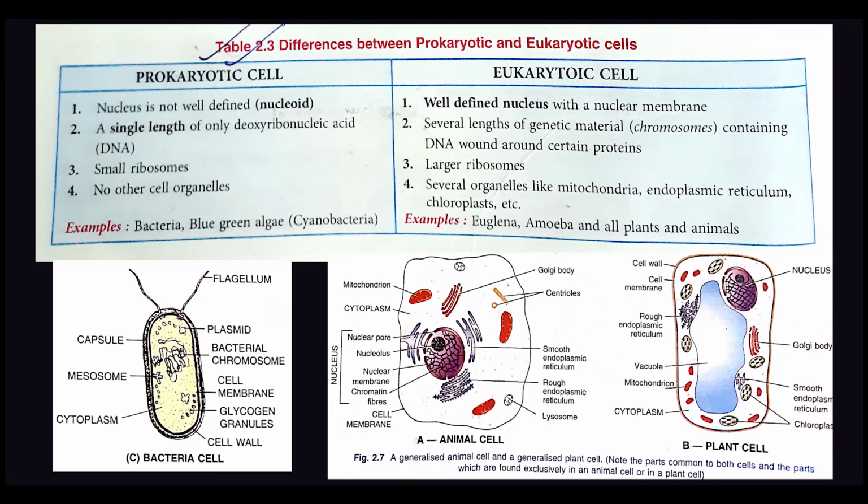In prokaryotic cells, no other cell organelles are present, whereas in eukaryotic cells several organelles like mitochondria, endoplasmic reticulum, chloroplasts, etc. are found. Few examples of prokaryotic cells are bacteria, blue-green algae, that is cyanobacteria. Eukaryotic cells are euglena, amoeba, and all plants and animal cells.